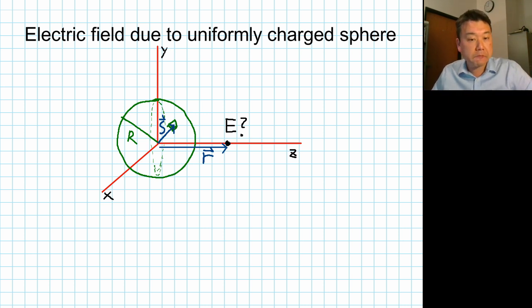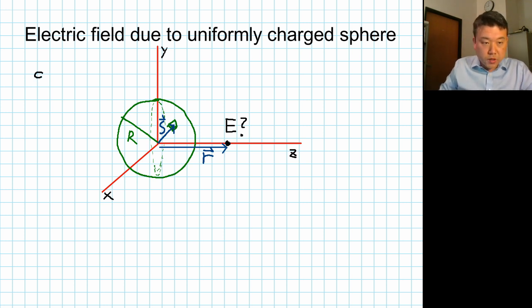So that's the setup. I have all these different points contributing to the electric field at this point here. So I need to use Coulomb's law with these infinitesimal portions of uniformly charged sphere. Let me write it down on the side as a reminder.